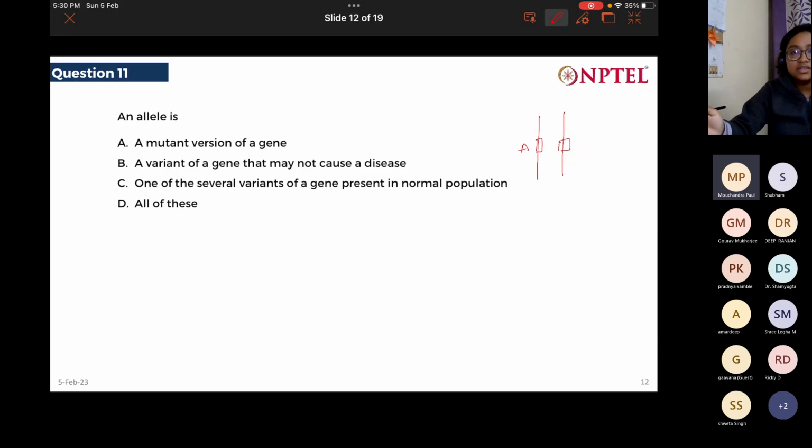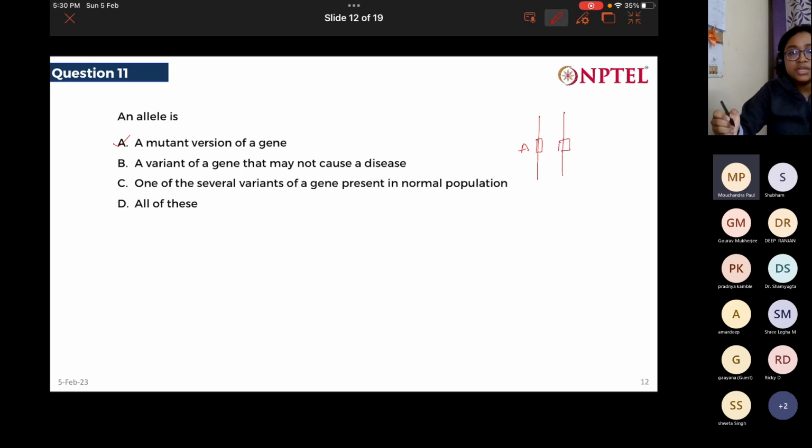Okay, so an allele is nothing but a gene where, due to mutation, a variant is created, and this variation is non-lethal, meaning it is not affecting the survival of the person. So option A is correct in this case.